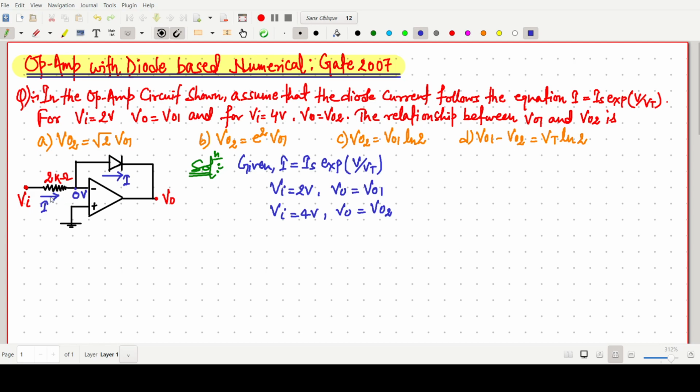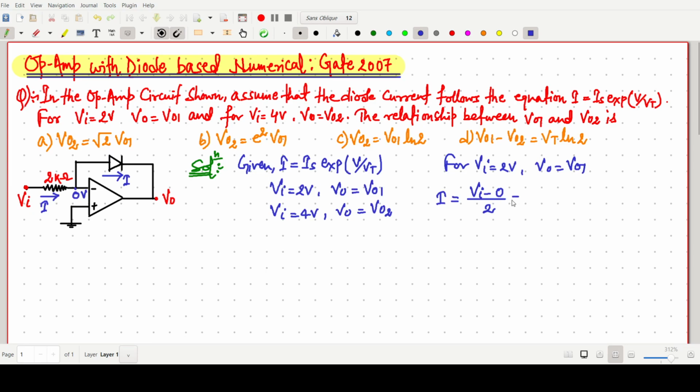Now we have to take care of this figure first. When we are considering Vi 2 volt, V0 equals V01. The current I in the circuit is simply Vi minus 0 by 2, which is our I. This same current will go in the diode.